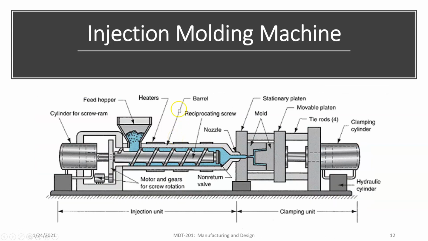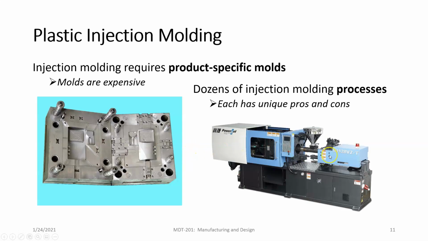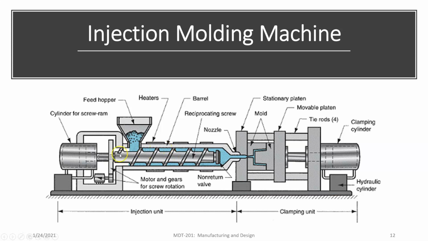So a schematic of the plastic injection molding machine is shown here. This is a little bit backwards from this one, right? This one, the screw is moving from the right to the left. Here, whoops, let's go back here. Here we're injecting it from the left to the right, but other than that, it's the same.